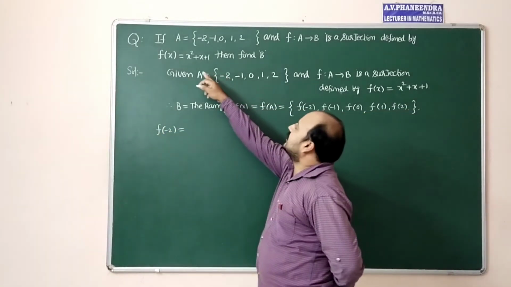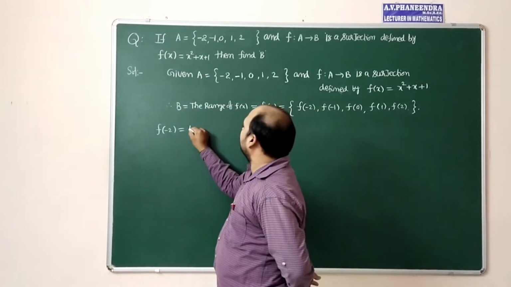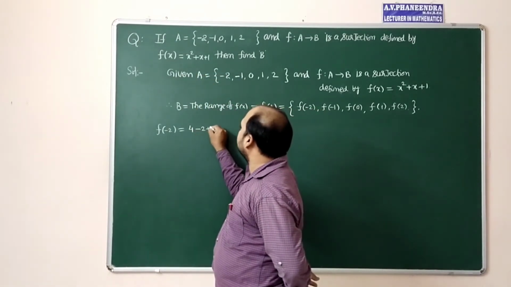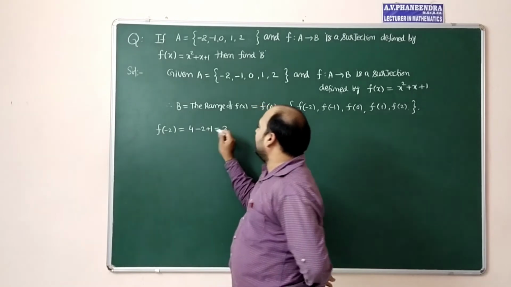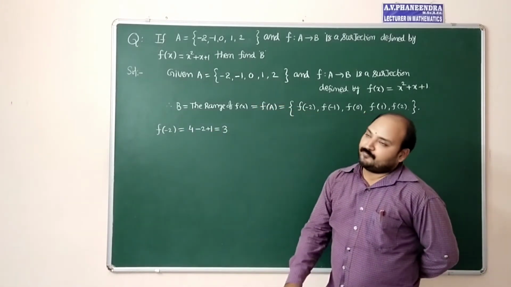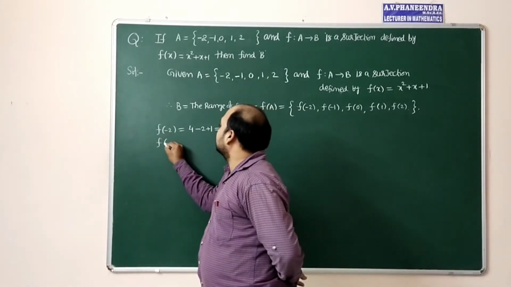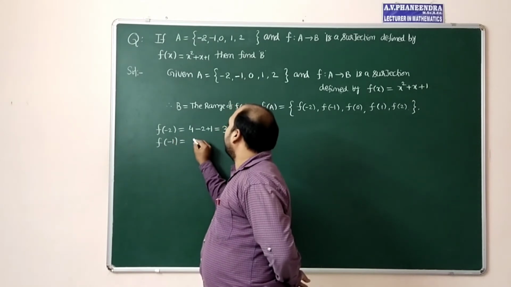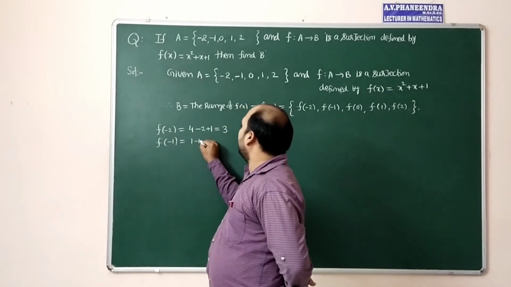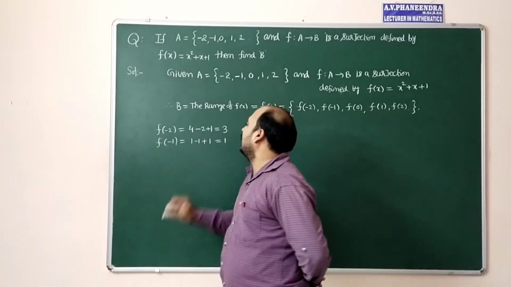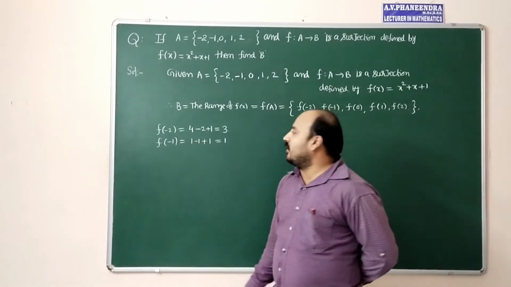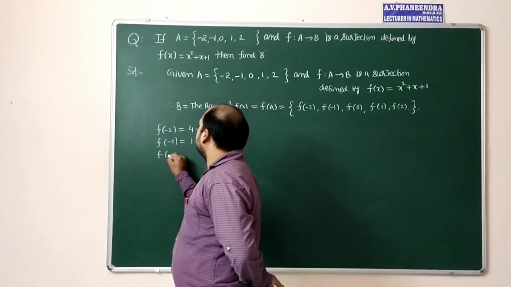So wherever x is there, you have to replace with minus 2. Minus 2 whole square, minus 2 plus 1, which is equal to 3. 4 minus 2 plus 1. F of minus 1. Minus 1 square, minus 1 plus 1, which is equal to 1. Minus 1 plus 1 get cancelled. 1. F of 0.